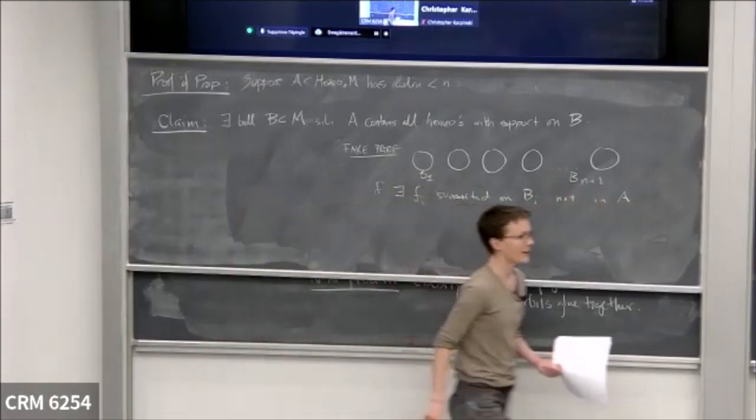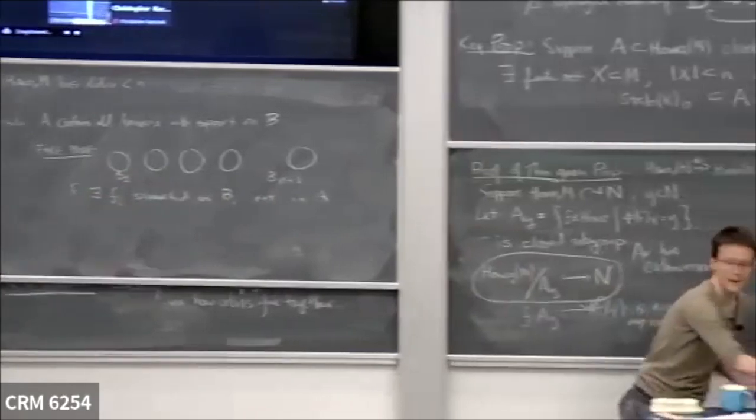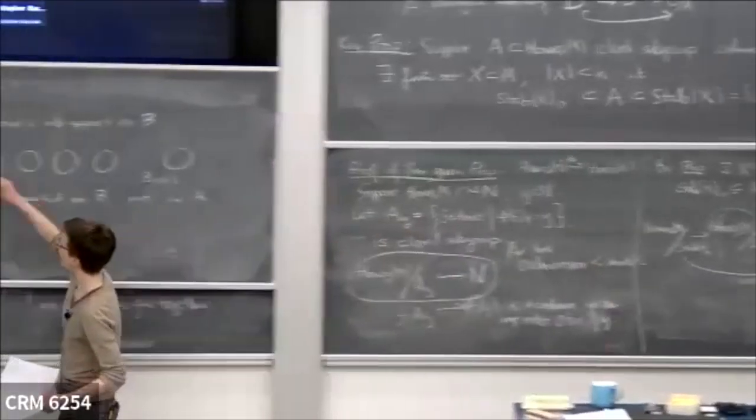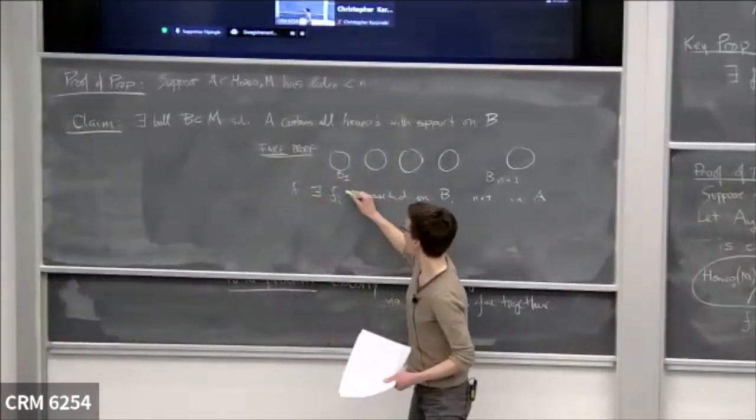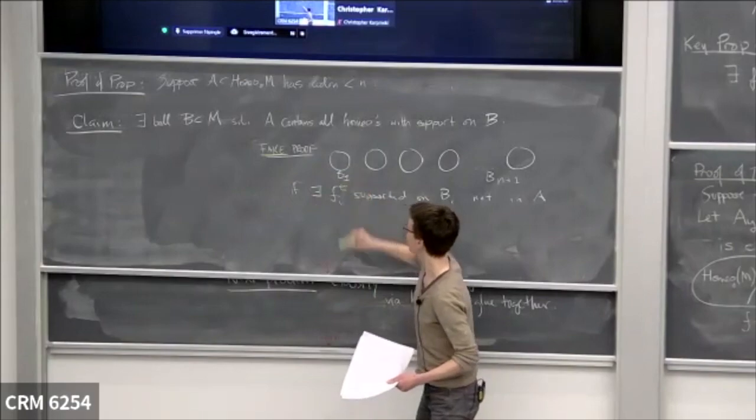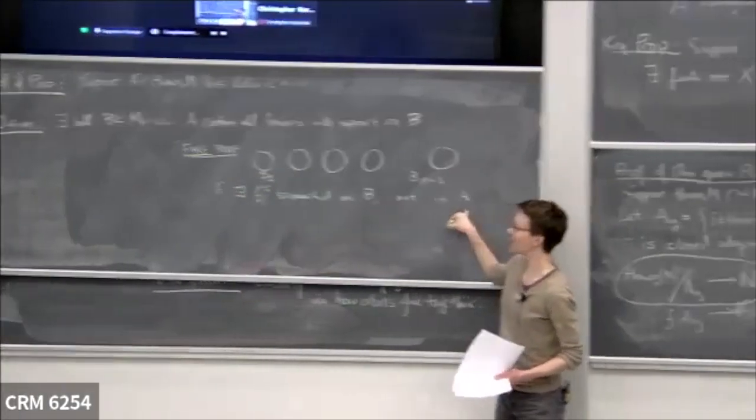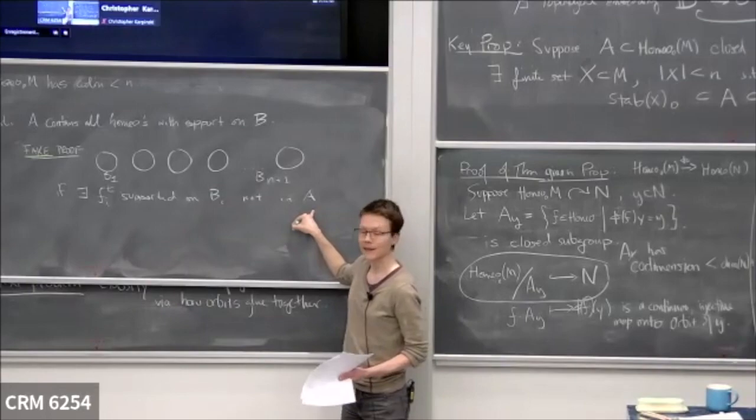What I would really hope, and this is why this is a fake proof, is if there was a whole one parameter family supported on Bi and this whole thing was not in A.